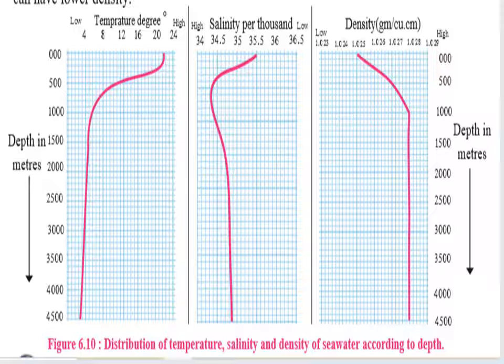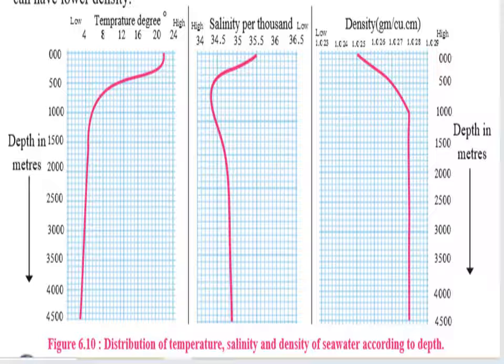Now children, we are counting all the three: temperature, salinity and density. Temperature in degrees, salinity per thousand, density in gram per cubic centimeter. Just observe this graph carefully and we will solve the questions given in your text.